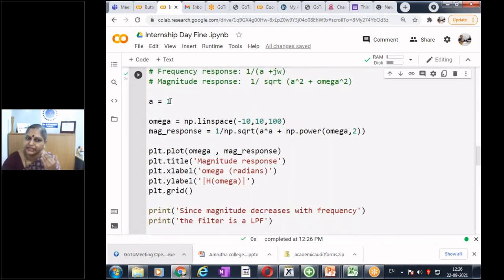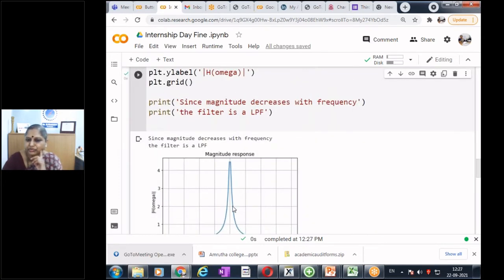Now tell me, if I make A as 0.2, then how is my cutoff? Is it increasing or decreasing? Let me run it, with A equal to 0.2. So what is my 3 dB cutoff frequency? Who can tell me?